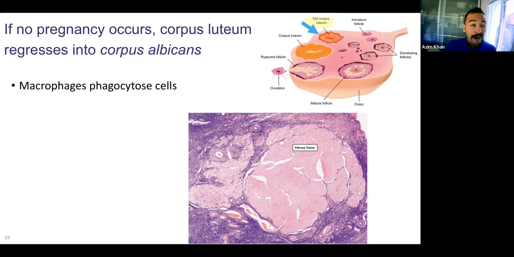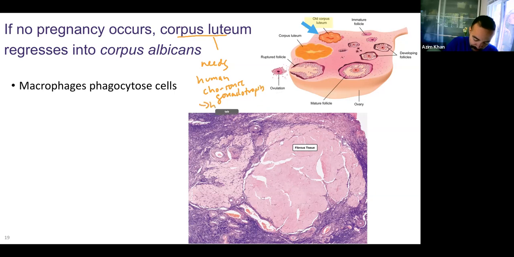Quick aside, why wouldn't it be supported? What keeps the corpus luteum alive? You need human chorionic gonadotropin.